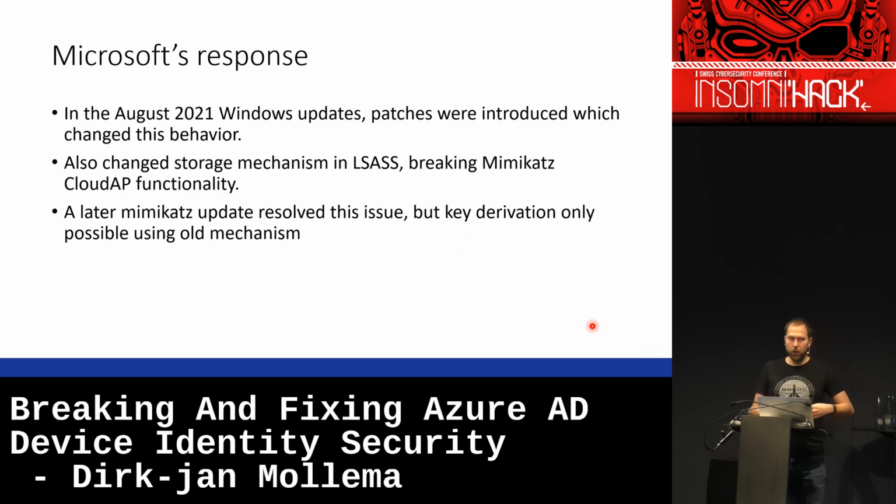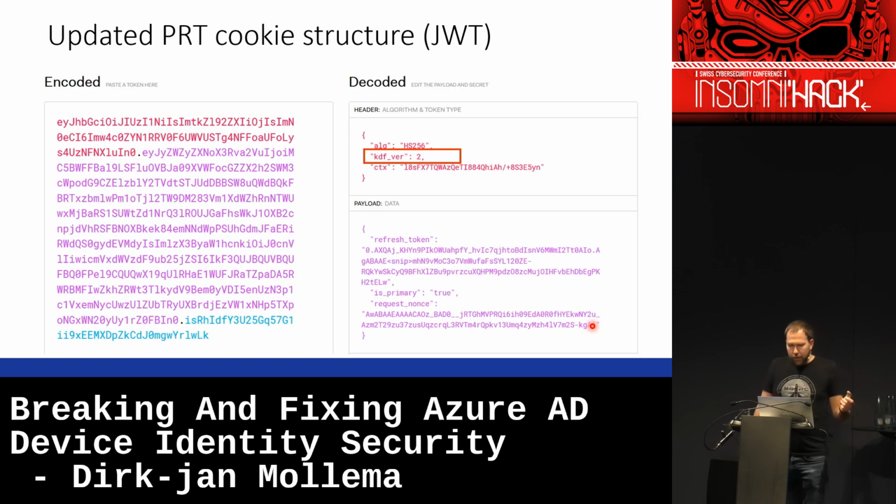So if you find blogs about this, explaining how to do this, then some of them may be outdated and not work anymore. And basically in the updated PRT structure, we see this added field which says KDF version 2. So that uses a new key derivation function to basically calculate these derived keys.